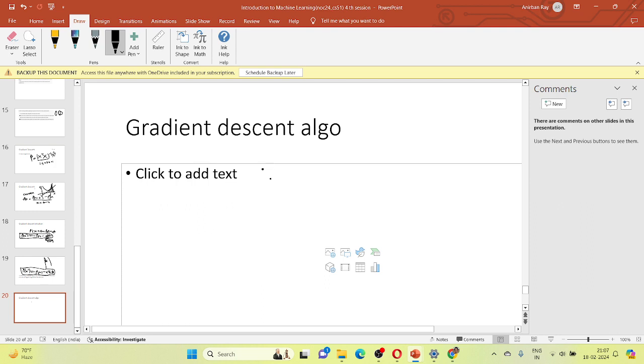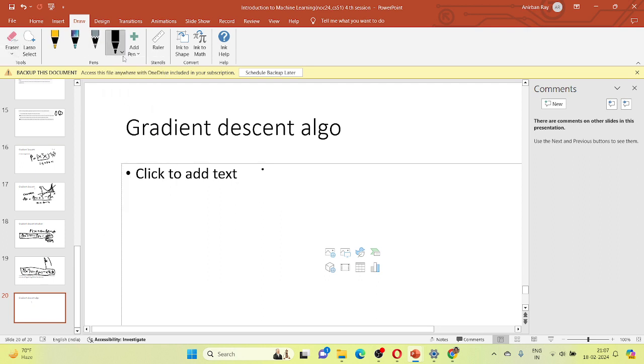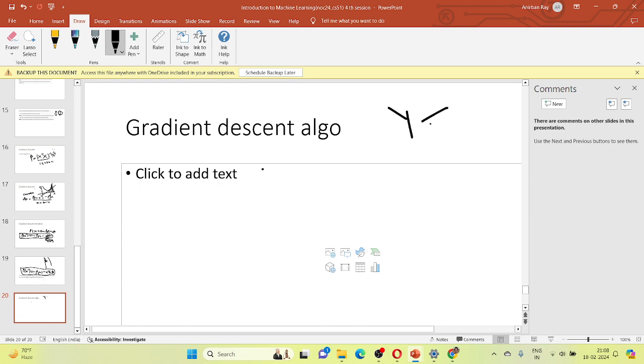So in our case it is our parameter theta or beta, whatever that may be. I am trying to say y is equal to theta transpose x, and in x the bias term is also taken, that is 1. So our theta vector is to be updated.